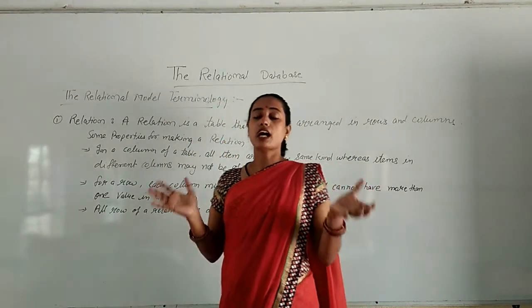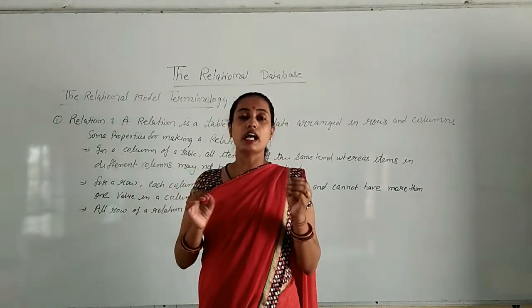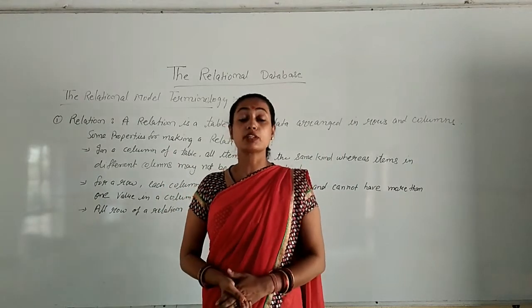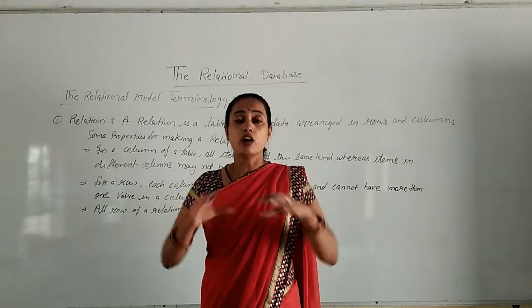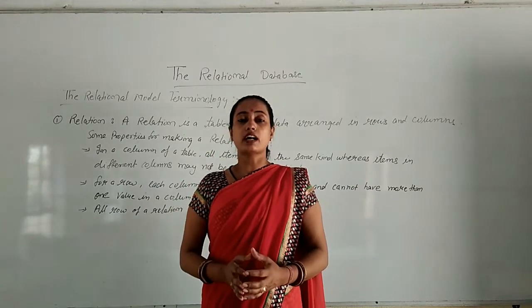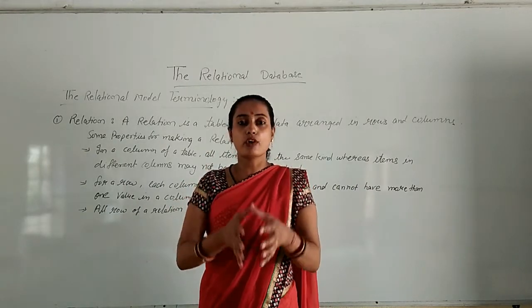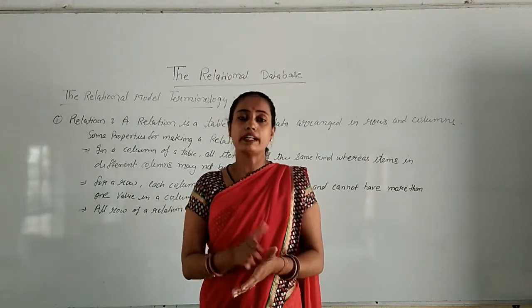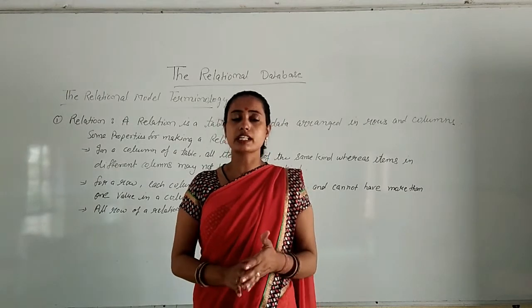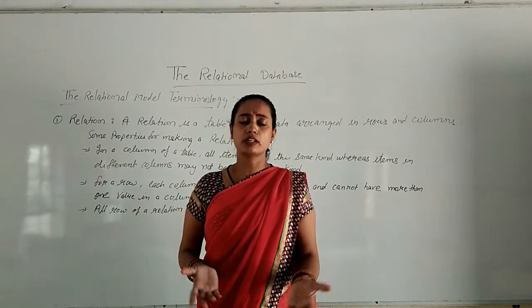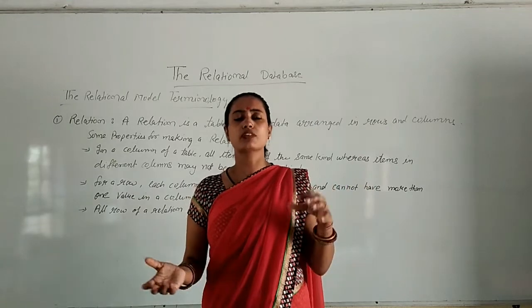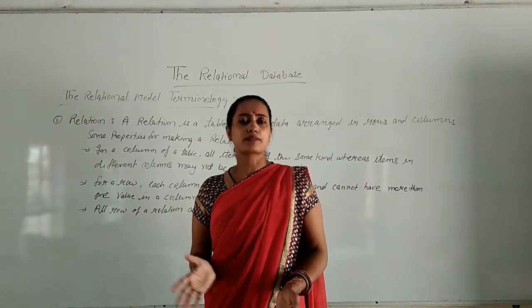Why are we calling it a structured database? Because we are storing all the data in a structure, in a proper format, that is row and column. Unstructured means we have no order to store the data. We can store it in any manner, like our website.